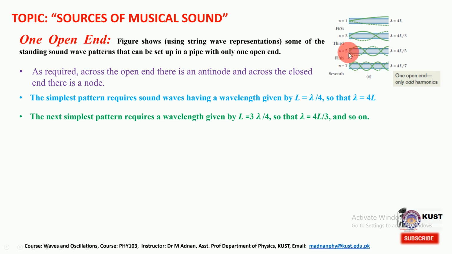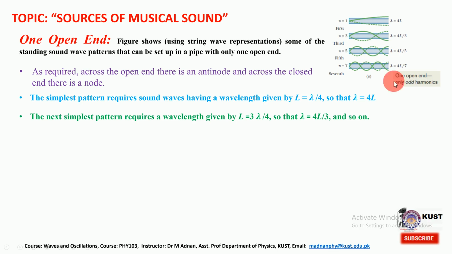And similarly for this one, if we see, this is a node because this end is fixed. From here to this maximum amplitude point, which is an antinode, we have lambda by 4, then 2 times lambda by 4, 3 times lambda by 4, 4 times lambda by 4, and 5 times lambda by 4.